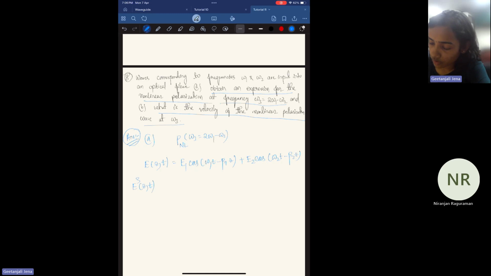So E cubed, in the problem we have seen this, we can write it as 1 by 8 times E1 e to the power i omega 1 t minus beta 1 z plus E1 star e to the power minus i omega 1 t minus beta 1 z.